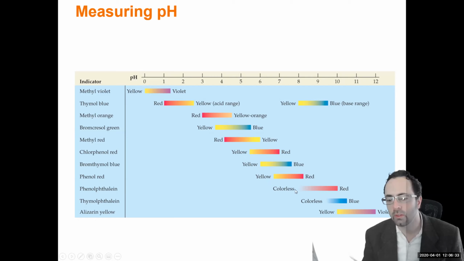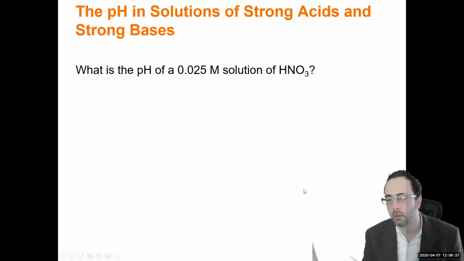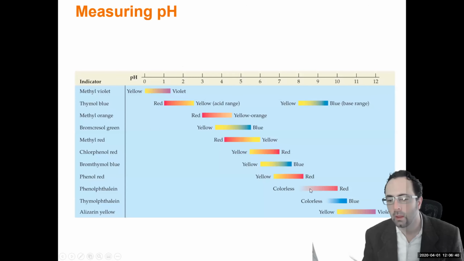And so you will see the color change start to happen just when you pass pH 7, neutral. And so phenolphthalein is a great indicator for a strong acid being titrated with a strong base, because when you add enough base to get past neutral pH, it will change to pink.